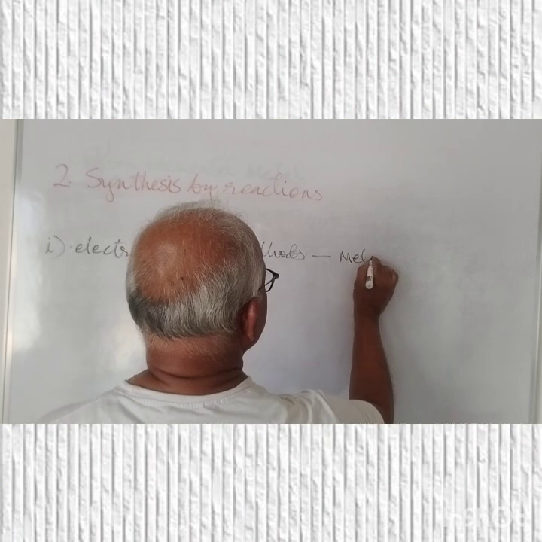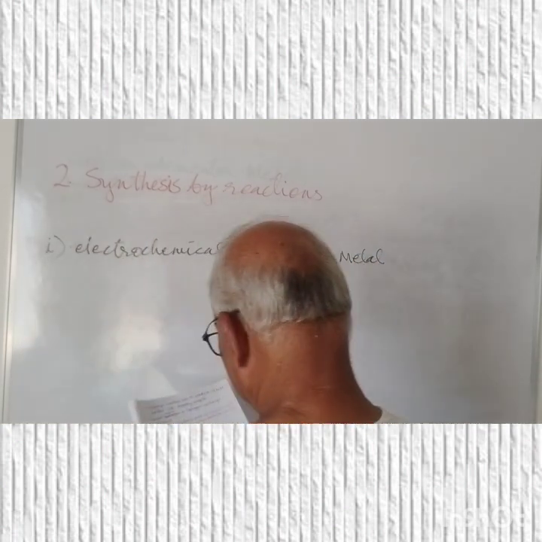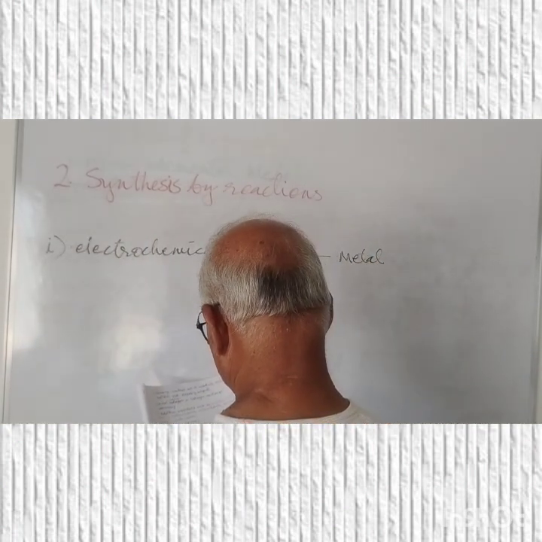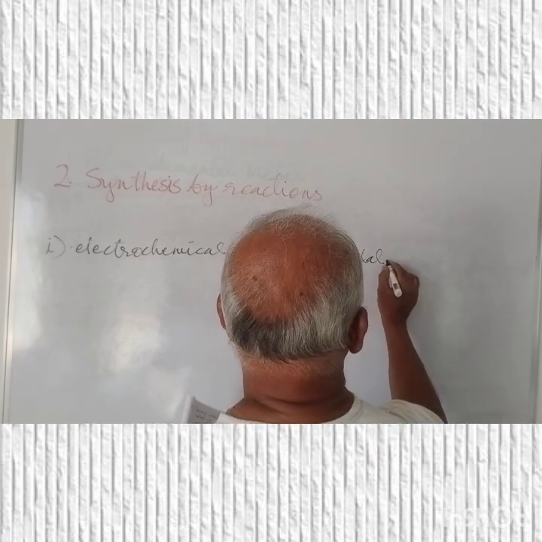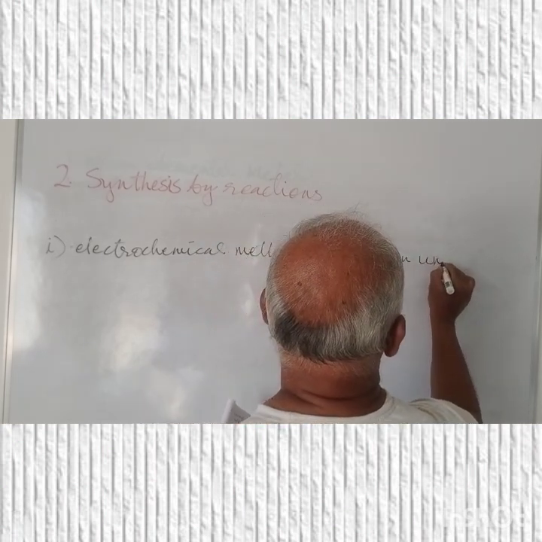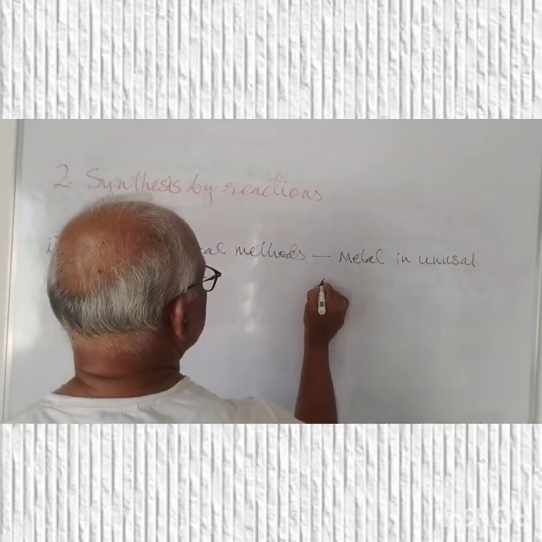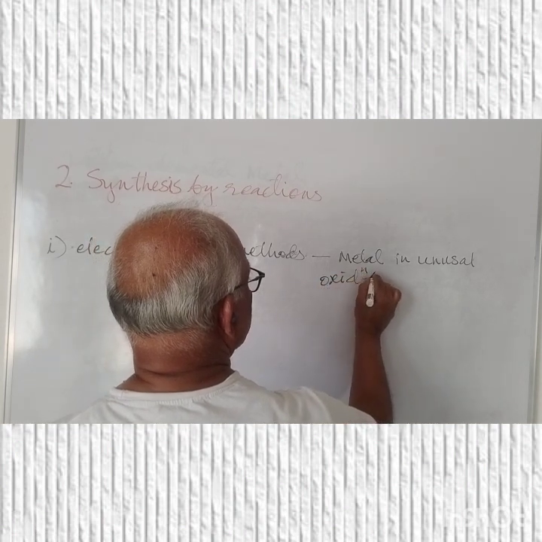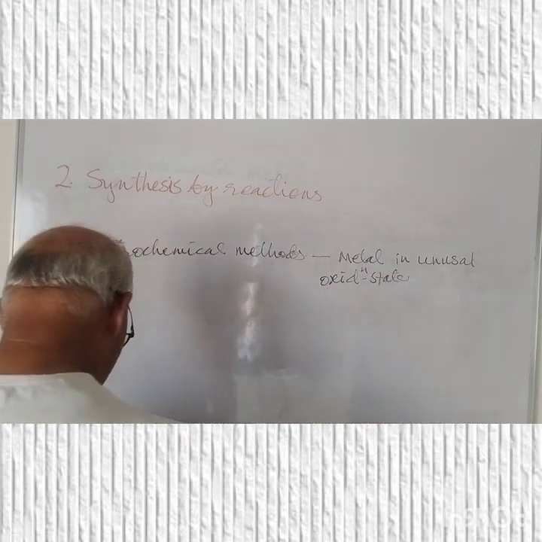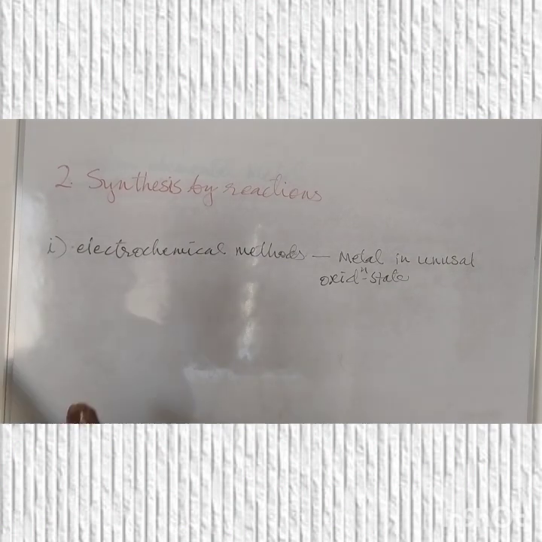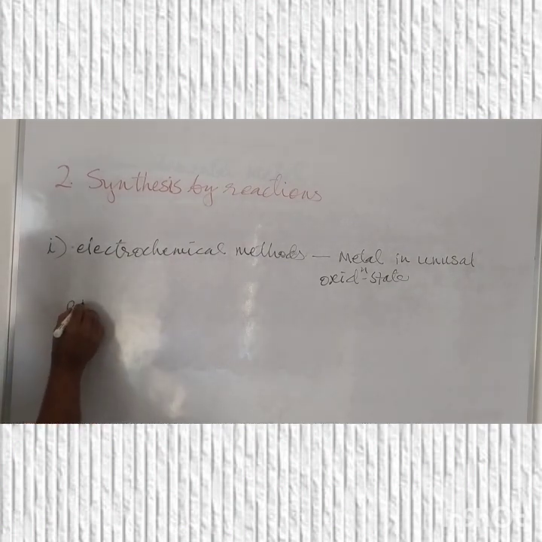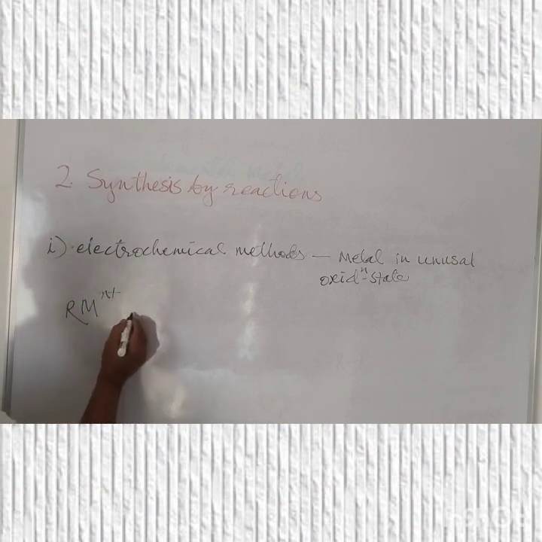Here, metal in unusual oxidation state. This can be represented, if we take the general representation, there is Rm, and this complex is having oxidation state N plus.